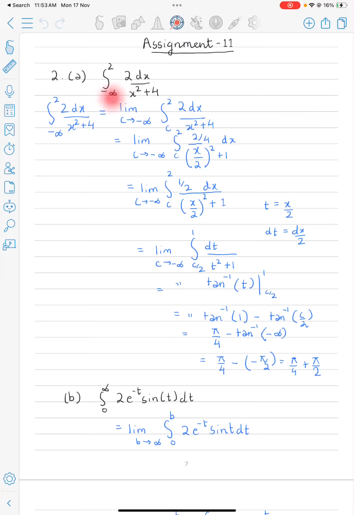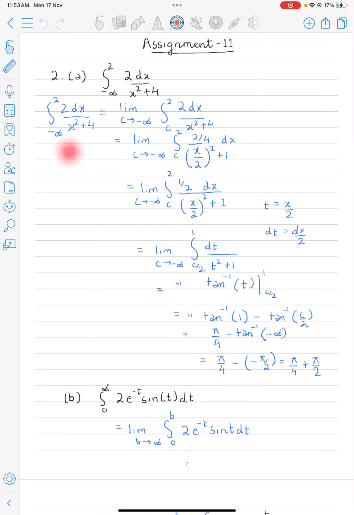Actually, when one of the limits is infinite or minus infinite, cases like this we call an improper integral. There are other cases too, where this thing vanishes or something. But in this question, this lower limit is going to minus infinity, so that's why it is improper.